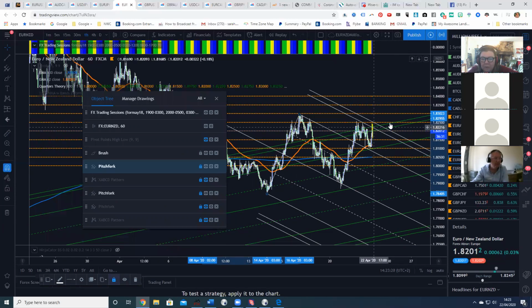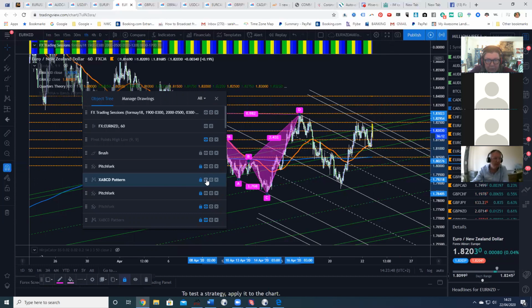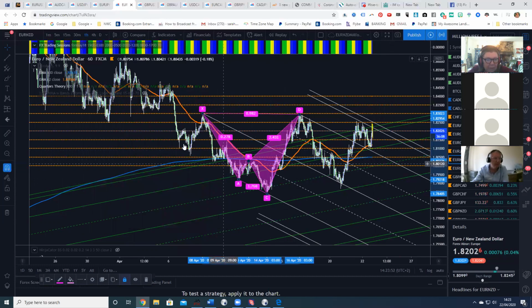It's on the outer edges of the extension of that scan. It was working. You can see how it's respected this scan quite nicely, and quarter theory. So it might well be turning back down into this most recent scan that I've got on it. So I will put there, you can see this one. I'll put that back on, and we'll leave that one for the minute.